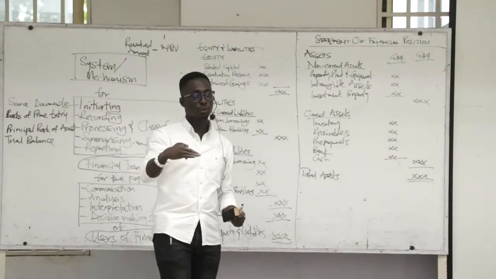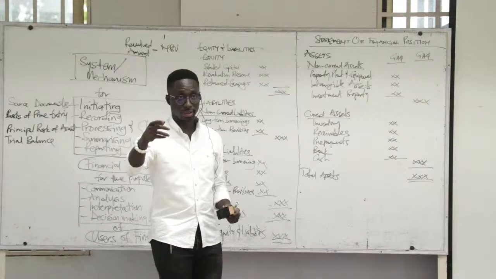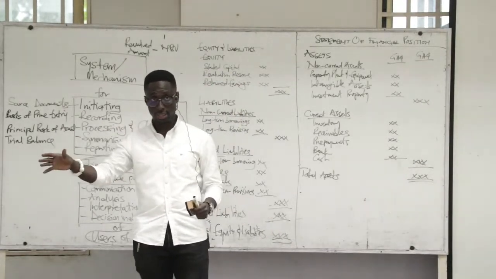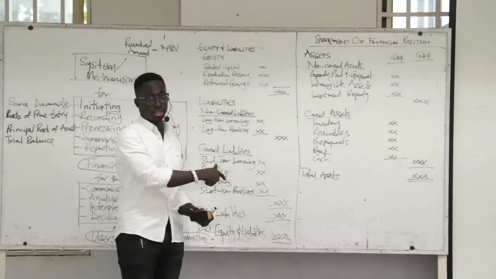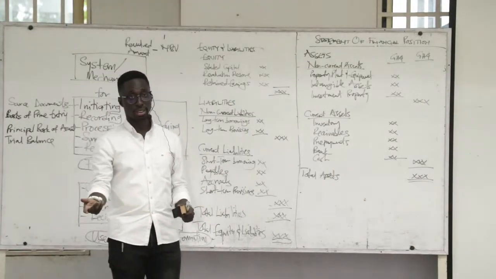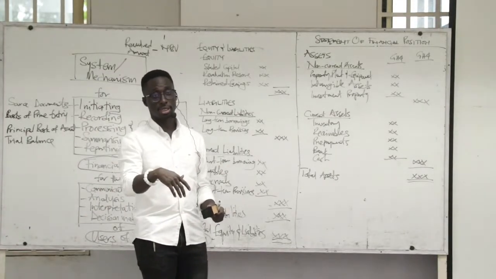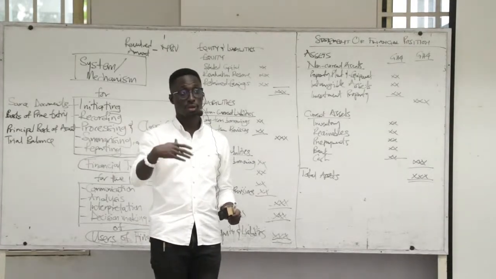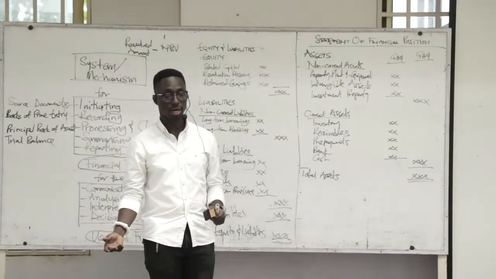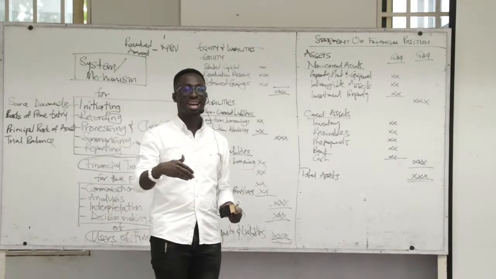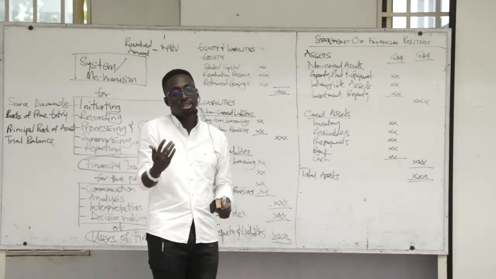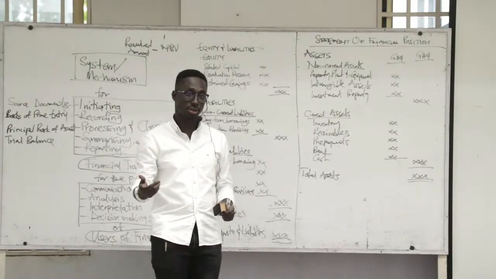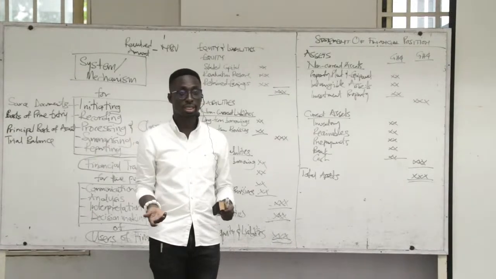But the portions that fall due beyond 12 months will be considered as non-current liabilities. Is that clear? Good. So, in our case, we went for a loan of 100,000. The payment terms are such that at the end of each year, we'll pay 20,000 for a 5-year period. What that means is, as at our reporting date, 20,000 of the 100,000 will fall due within the next 12 months.